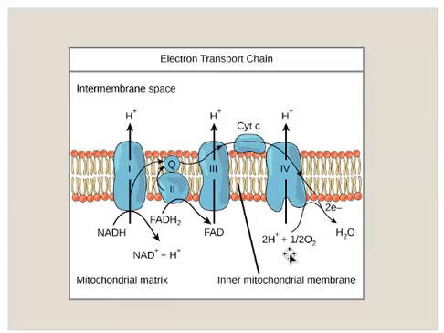The energy is going to be used to pump hydrogen ions out of the matrix and into the intermembrane space. The electrons themselves at the end of the chain will be received by oxygen. So oxygen is going to get reduced, and we're going to make some water.